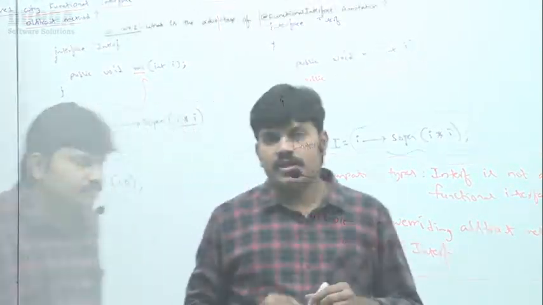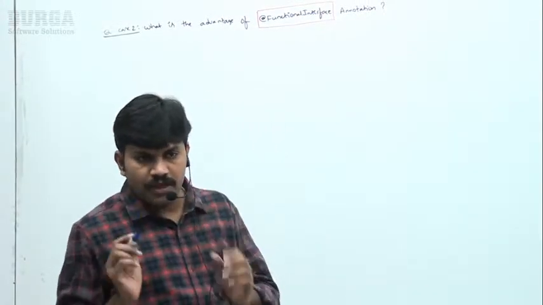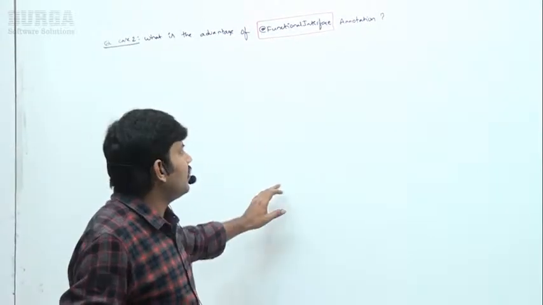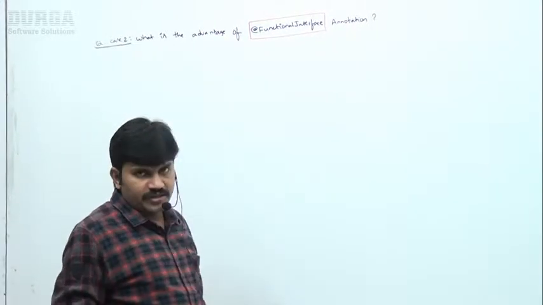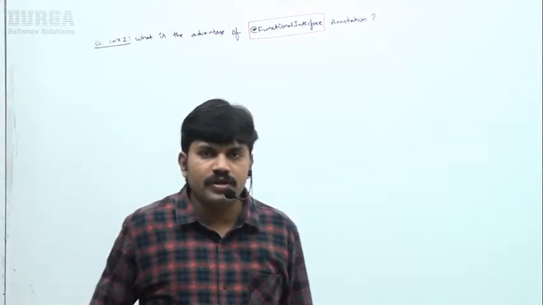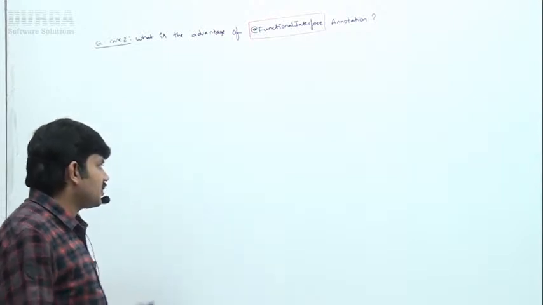Okay, next important case, another small observation you have to make. What is the advantage of the @FunctionalInterface annotation? If I explicitly write the @FunctionalInterface annotation, what advantage do we get by default? Very simple, just listen.